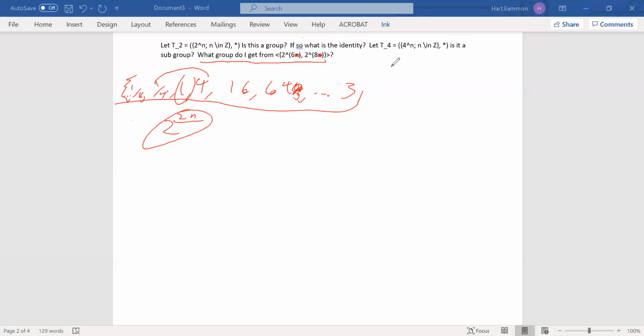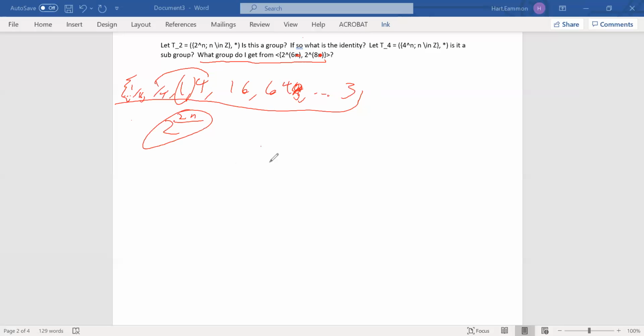Do you guys know what I mean when I say that, using those two guys as generators? Yeah, exactly. So that's exactly right. We would get 2 to the 2n.